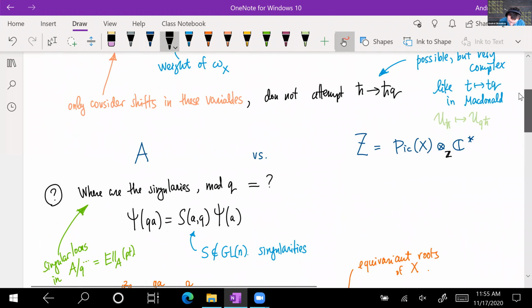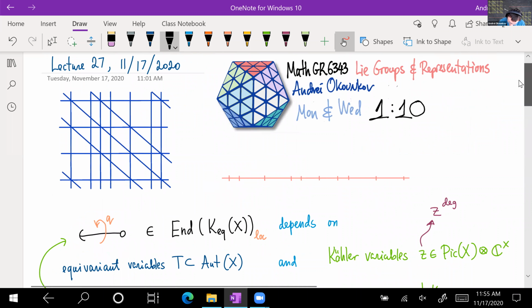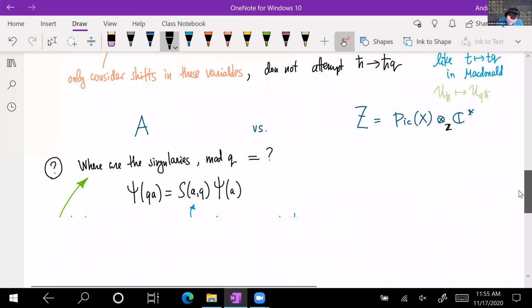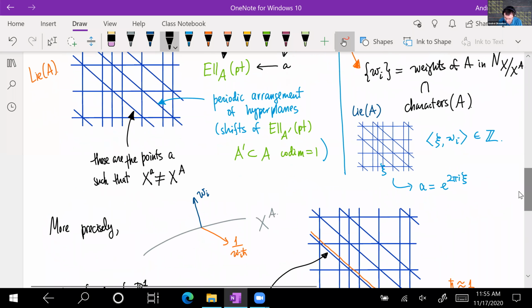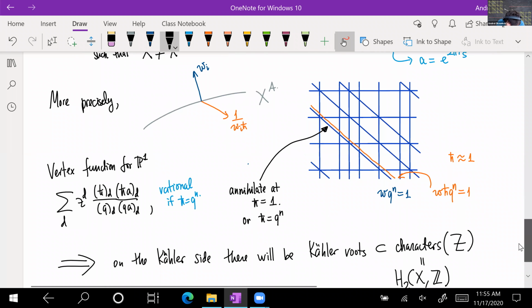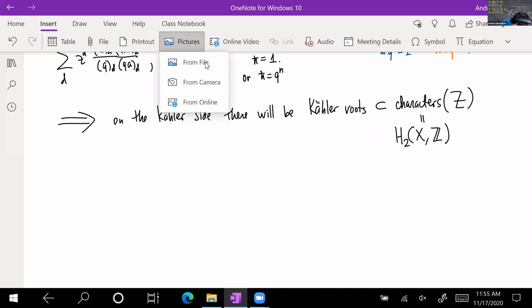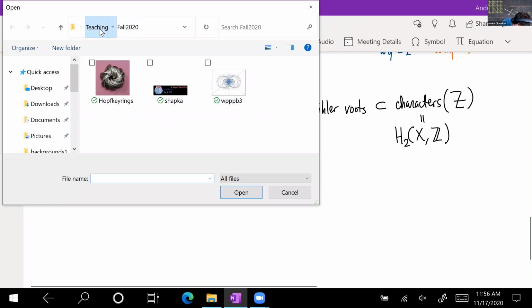And why it's kind of remarkable that there is this structure, maybe I'll put here now in the discussion, so insert the picture. Let's see if I can succeed with that.